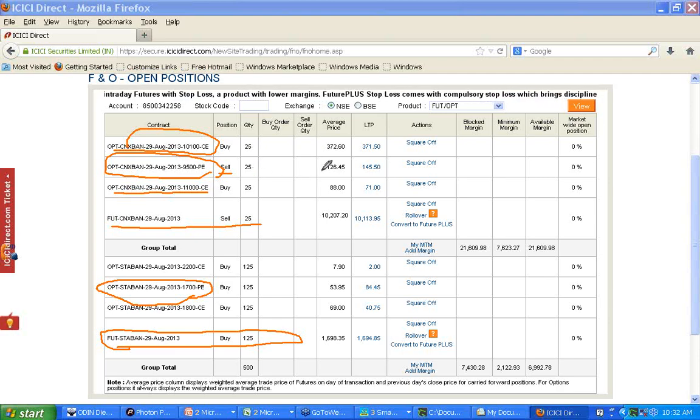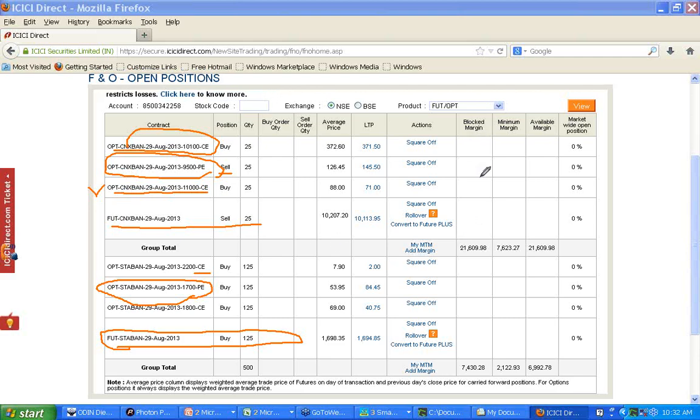So this is the position. State Bank of India, Bank Nifty, and these are the things. Because since it is being rolled over, some of the positions are left out, like 2,200 call option and 11,000 call option are left out. I just kept it just like that because I can close it also to get some money back.